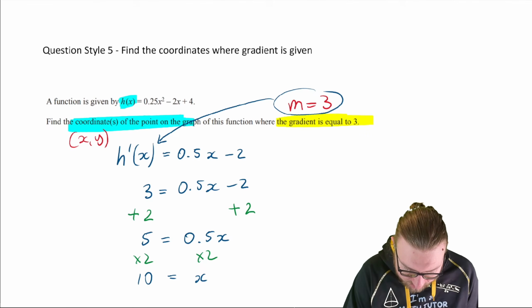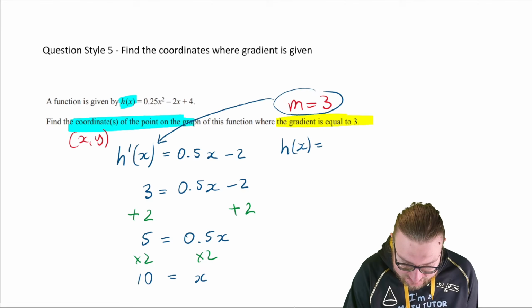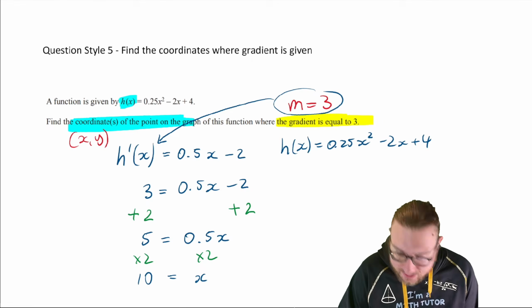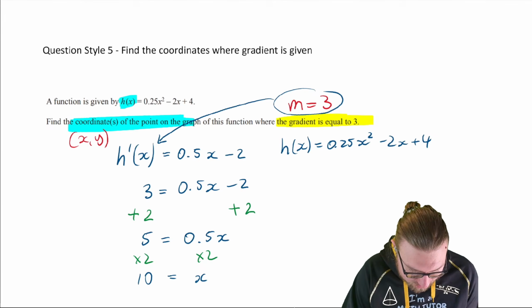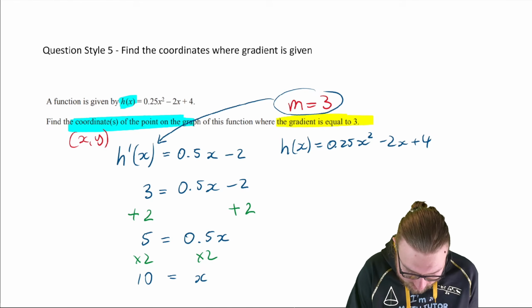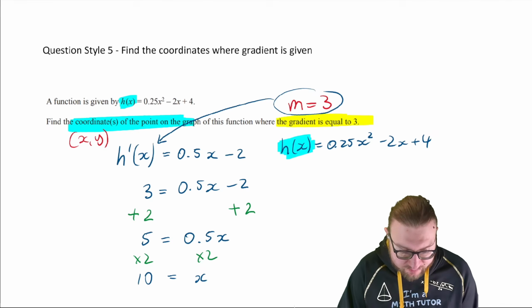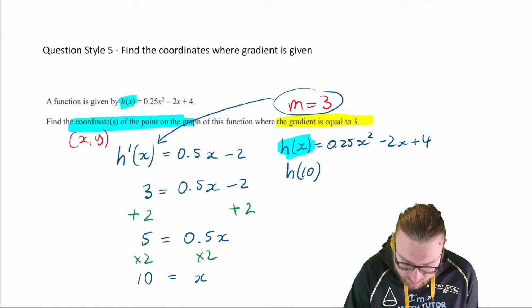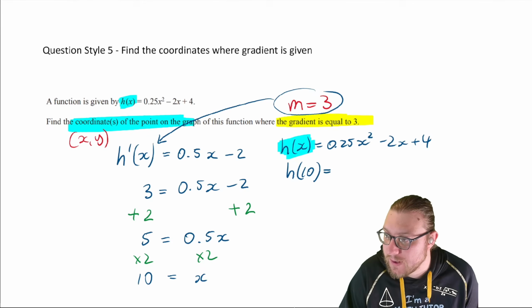So the original function was h of x is 0.25x squared minus 2x plus 4. So how do we find the y? Well, remember that the y value is this part over here, the function value. So we're going to find this by substituting x. We have x now from the part before.